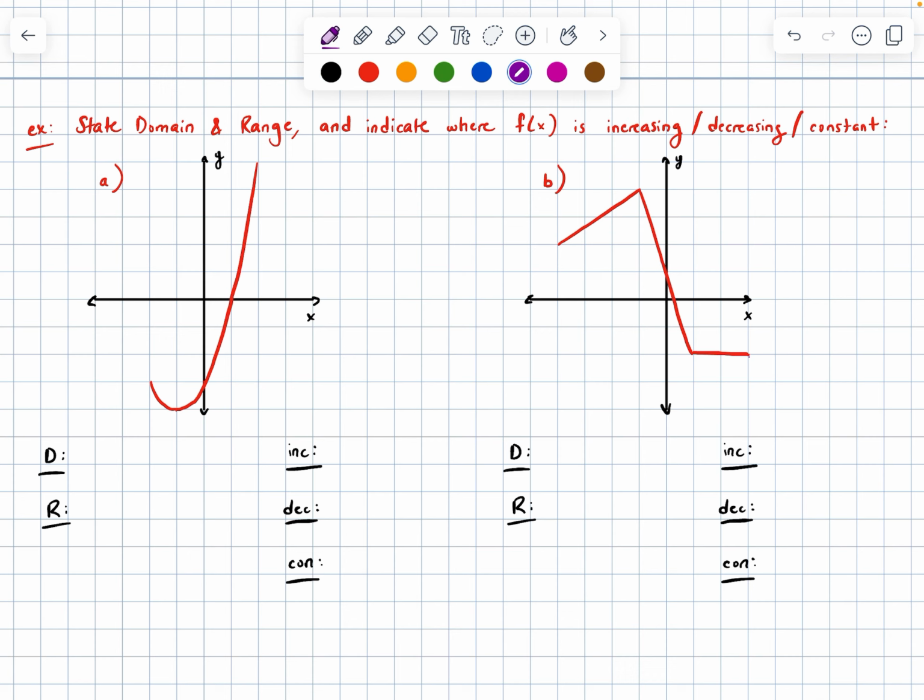Alrighty. For the one on the left here, this part of a parabola, the thing that's different is that my domain is no longer all real numbers. If I want x values, I'm looking left and right. Notice that there are limits on how far left and right I can go. So for my domain, I'll express all of these in set builder, and for b, I'll use interval. Notice that my values of x are bounded by -2 on the left and +2 on the right.